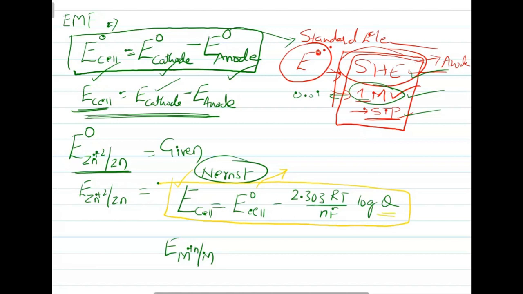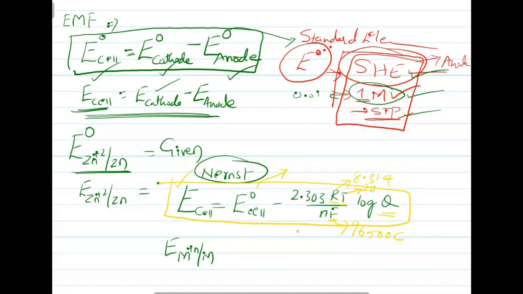What is Q here? What is R here? R is the gas constant, T is temperature, F is Faraday's constant. R, as we know, is 8.314, and room temperature is generally taken as 27 degrees, that is 300 kelvins. Next, F is Faraday's constant, 96,500 coulombs.